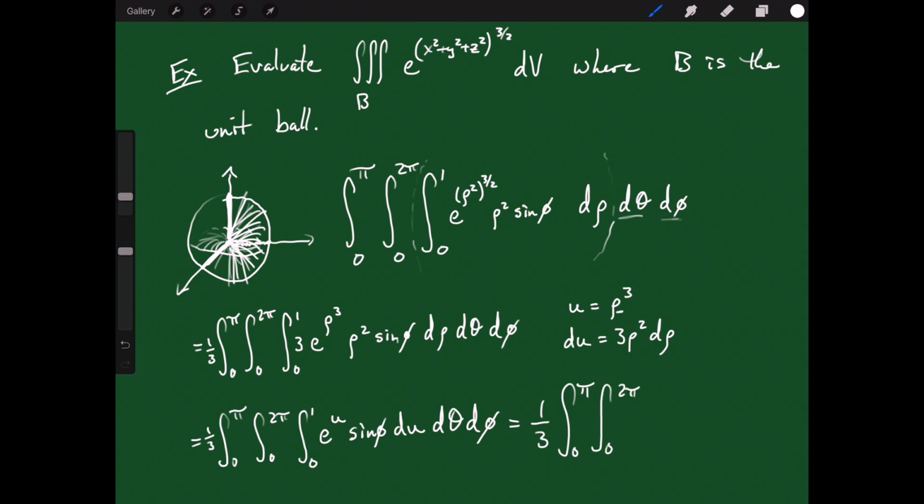Take an antiderivative of e to the u sine of phi with respect to u, and I get e to the u sine phi evaluated from 0 to 1 d theta d phi.